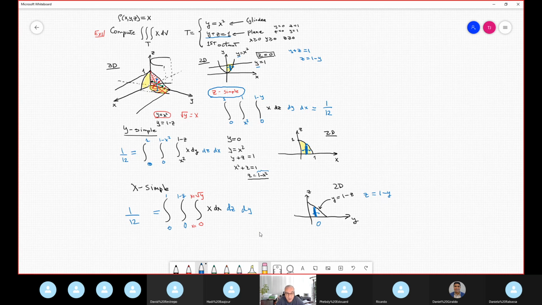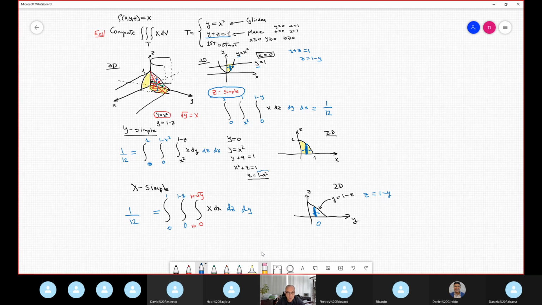Okay, any question? This is a moment I want to interact with you. Do you understand very well? Remember, guys, the technique I explained in the last class. In the triple integral, you manipulate in that way. You select the direction that you want to integrate. We have 3 possibilities: z, y, and x.